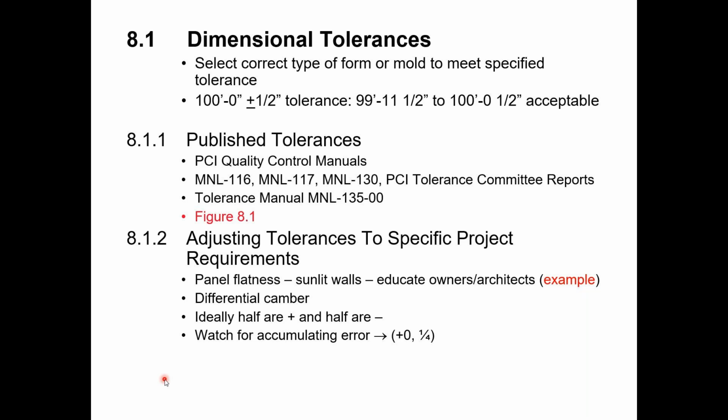Just a few things to keep in mind when you're thinking about dimensional tolerances. One thing to be mindful of ahead of time is the type of form that you're going to be using. If you've got a steel rigid beam form that you're using over and over again to cast bulb tees or double tees for a parking garage, or bridge girders, there's less opportunity for that form to become warped out of shape, and for those tolerances not to be met.